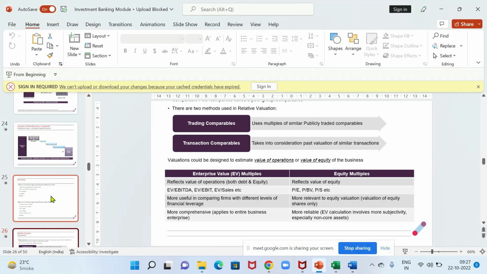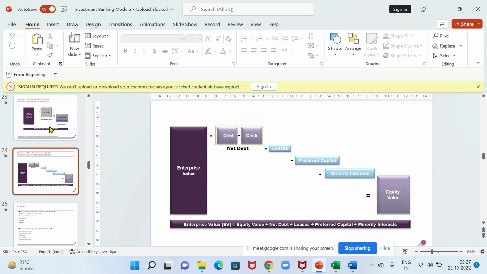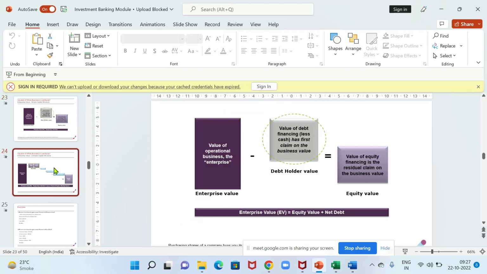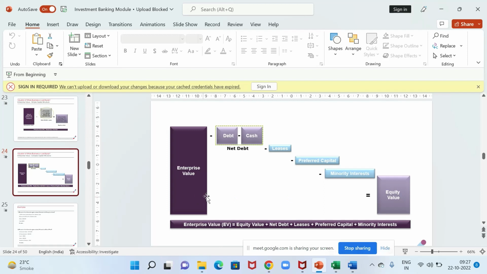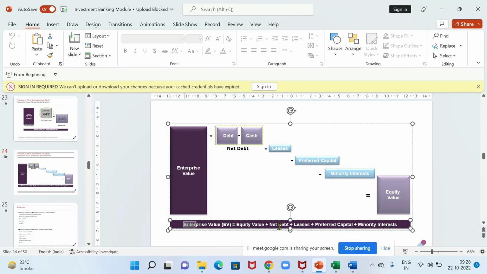Now you have quite a detailed understanding of this equation, isn't it? I now want to understand whether you understand what is enterprise value, this equation.